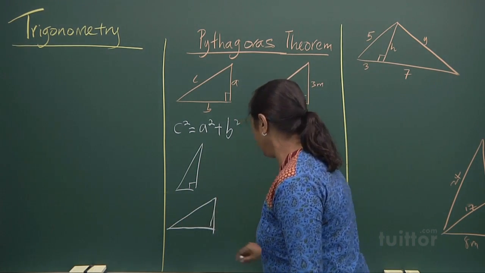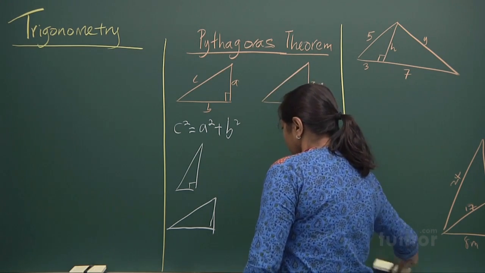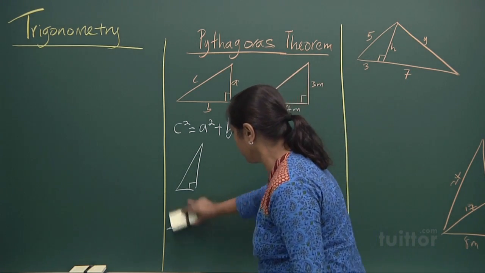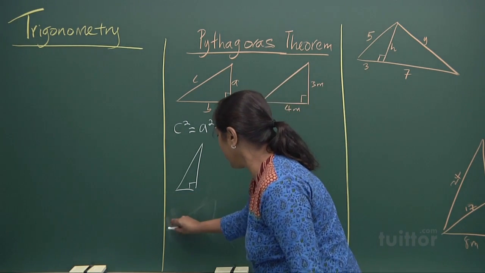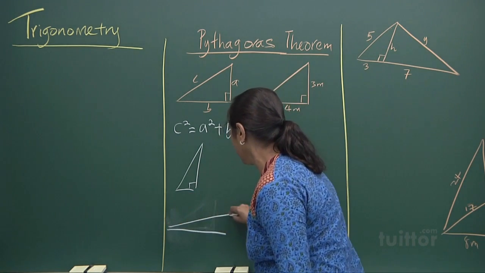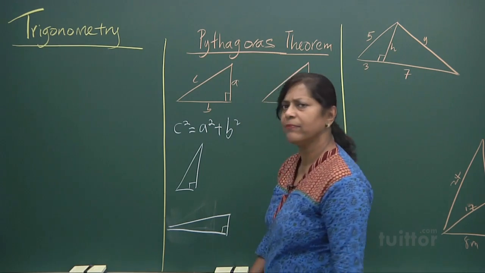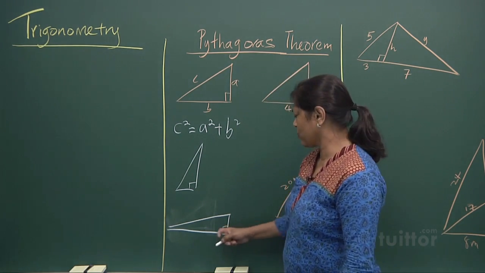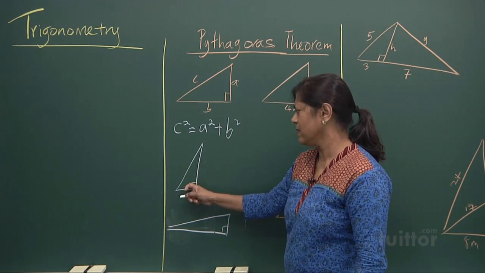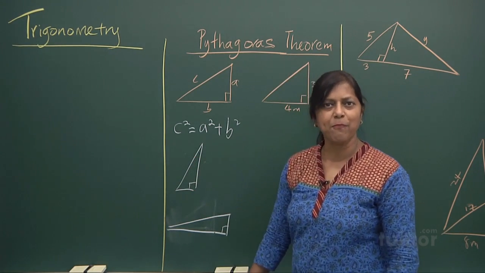Let me draw another one: a triangle that has got huge length here and very short length here. Whatever it is, the square of these two distances will be equal to the square of the hypotenuse.